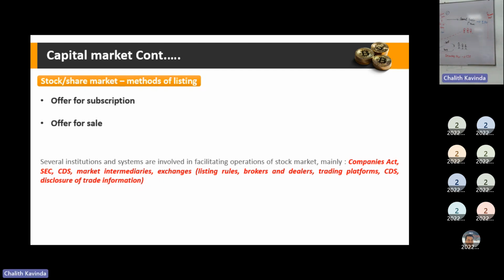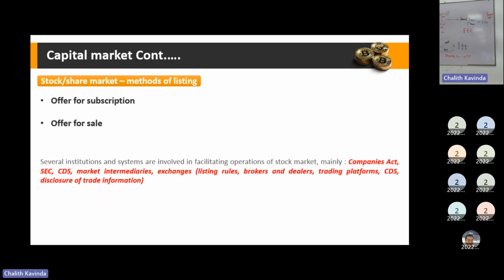Then the second one is you need to find out the steps that you would follow if you are investing in the Colombo Stock Exchange manually as well as online. Very simple. If it is manual trading, what do you have to do?